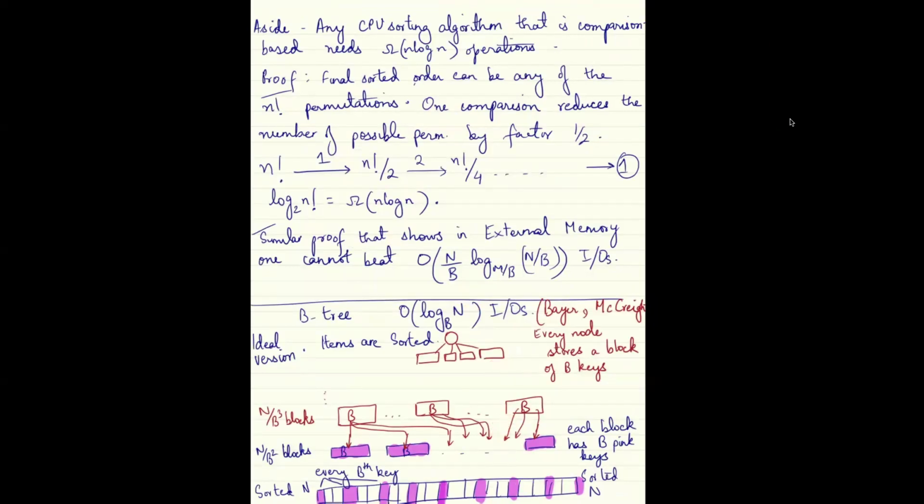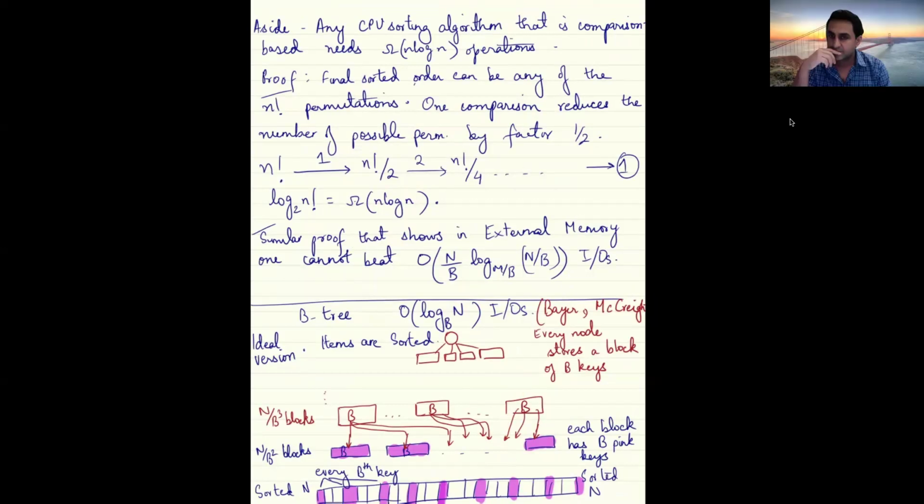Could you explain the space of the last level of the B tree? So you're counting the number of blocks in each level? Yes.